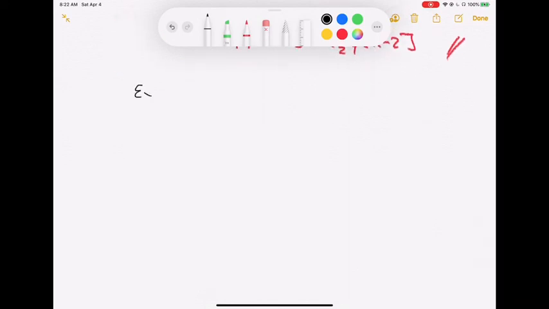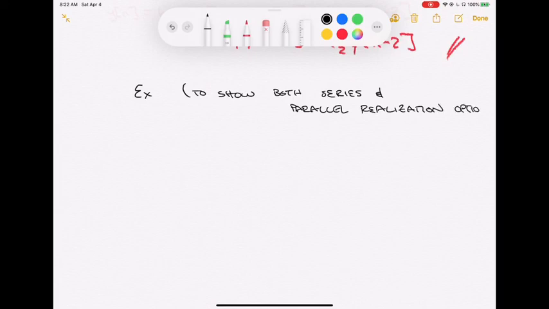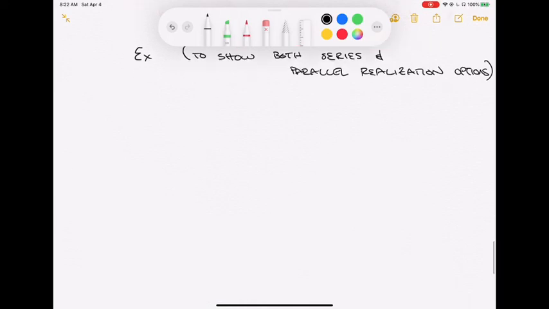I'm going to do an example to show both series and parallel realization options. We're gonna do that through a specific example.